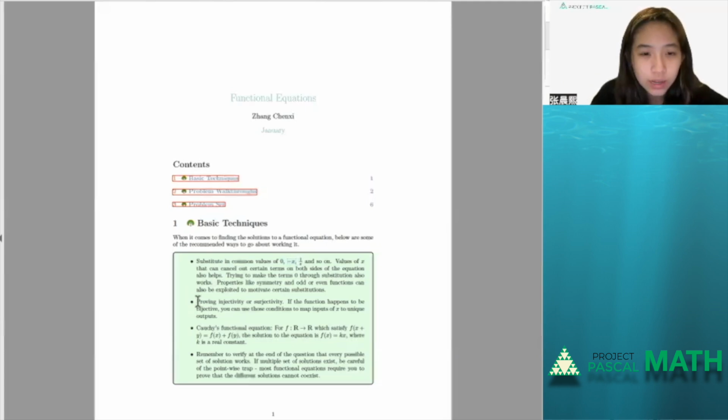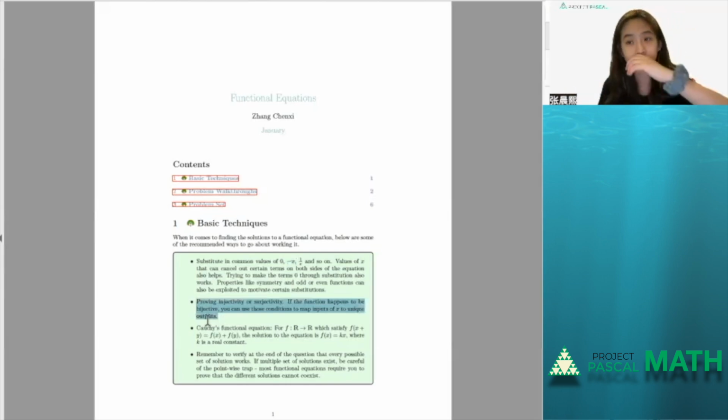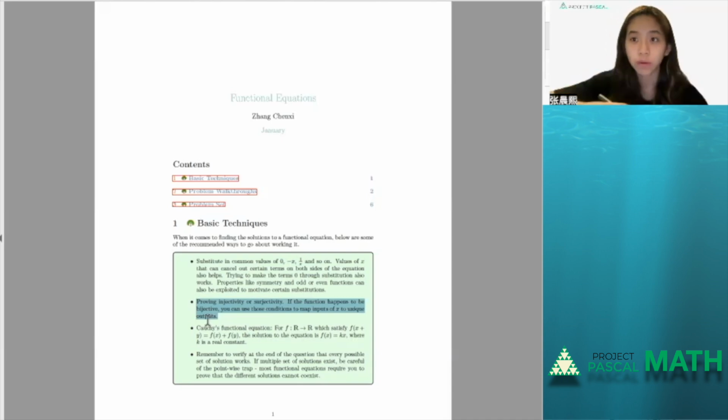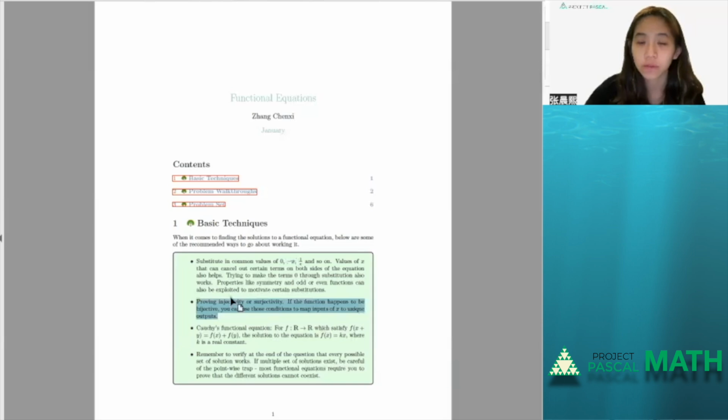The next one is proving the injectivity and surjectivity. Injectivity is basically that there's a one-to-one mapping from the input to the output. Surjective says that from the input, you can get to any single point in the output. If it's both injective and surjective, then the function is bijective.